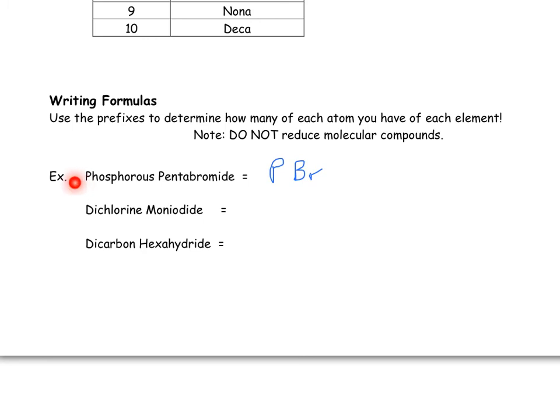Because there's no prefix in front of the phosphorus, I only have one of them. And because there's a prefix of penta, that means I have 5 bromines. And again, I don't reduce my quantity numbers. Try out these two examples and see what formula you get.